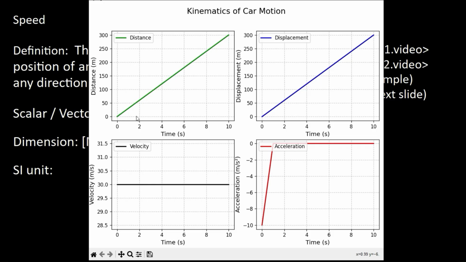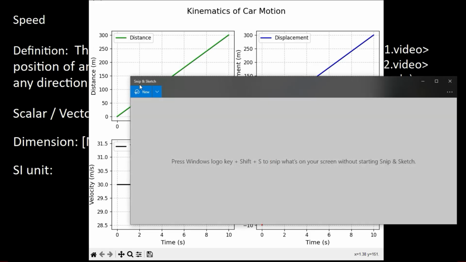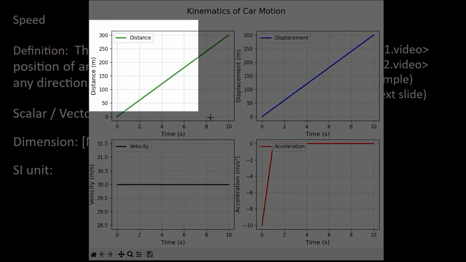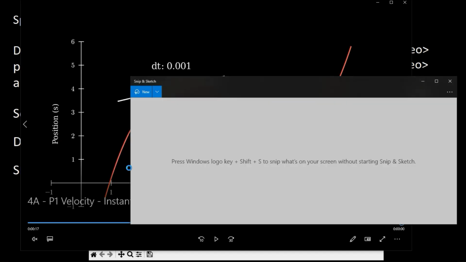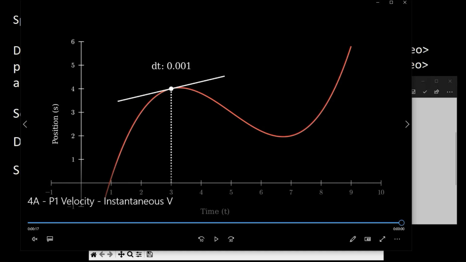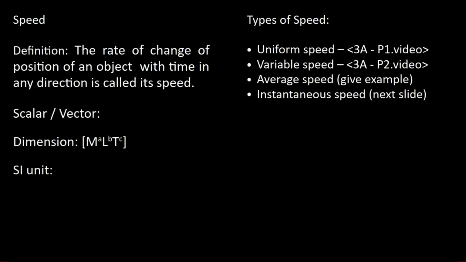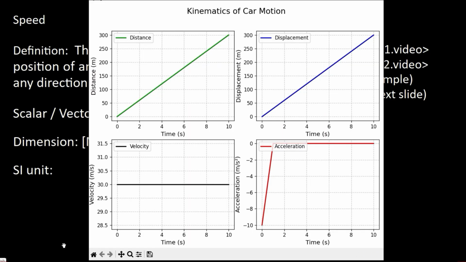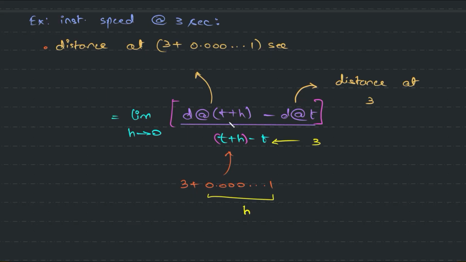So for every 2 seconds, the distance traveled by the turtle will be the same. Let me show this as well. And at the bottom, you can also see the velocity. You can see that the value remains the same. So let's analyze this way.